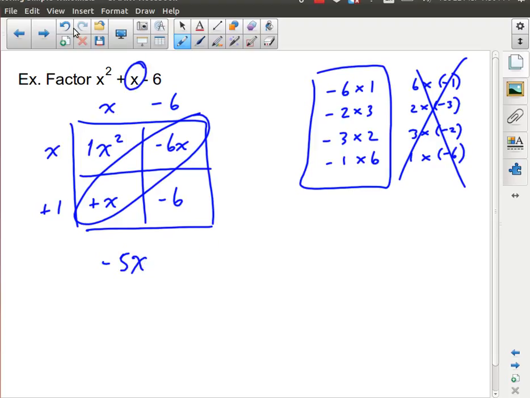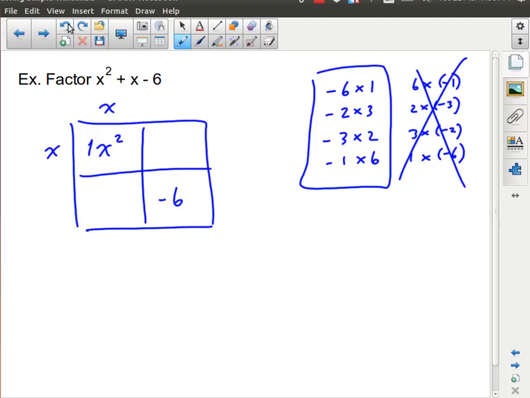So unfortunately that means we throw that one away and we back out, or we have to redraw what we did there. Oh, so let's get rid of that. And now let's try -2 and +3. So now we do x times -2 is -2x.